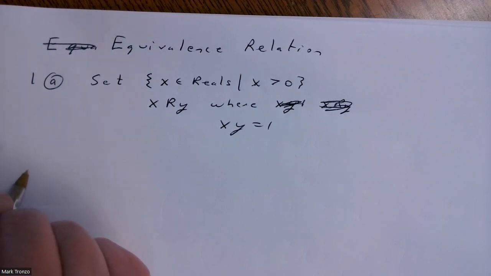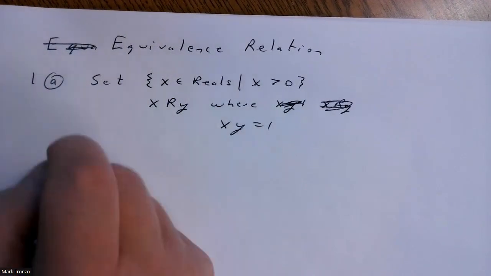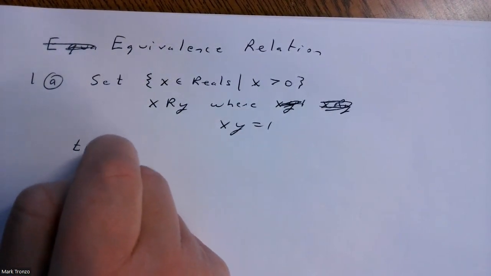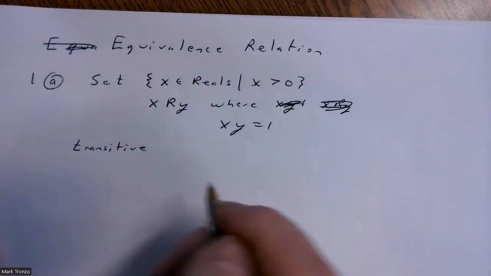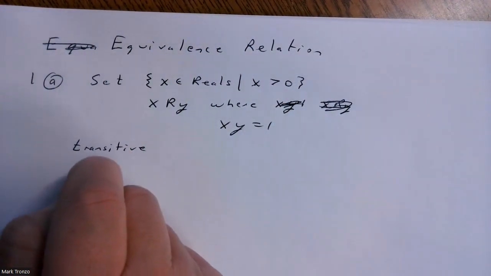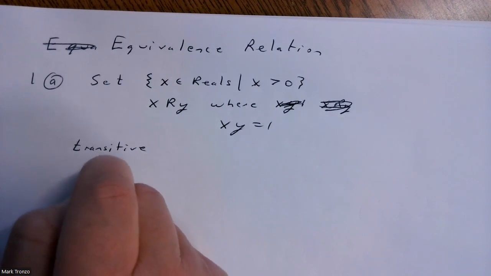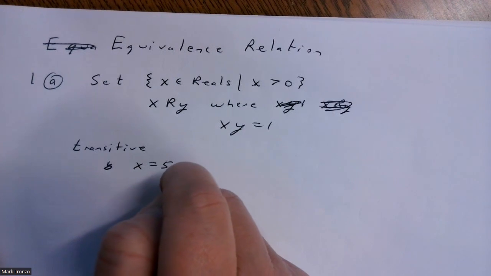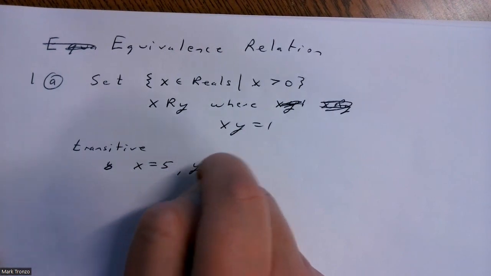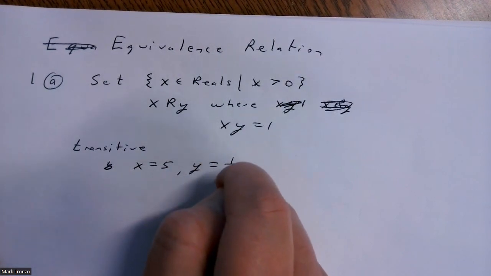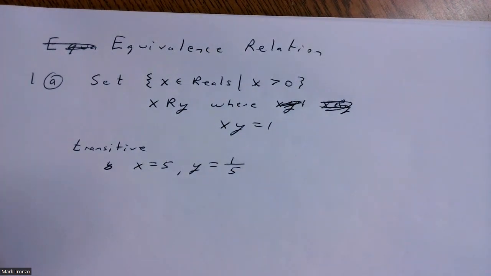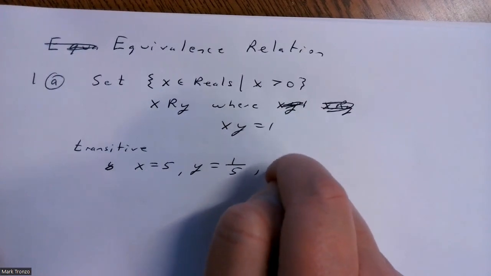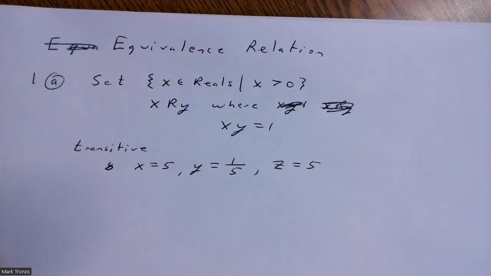So for example, for transitive, let's say X equals 5 and Y equals 1/5. And maybe Z would be equal to 5 as well. Let's see if that would work.